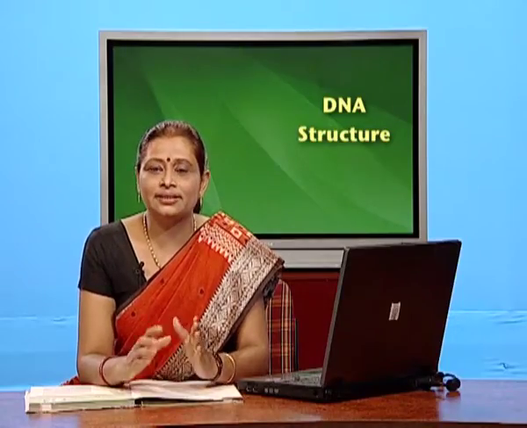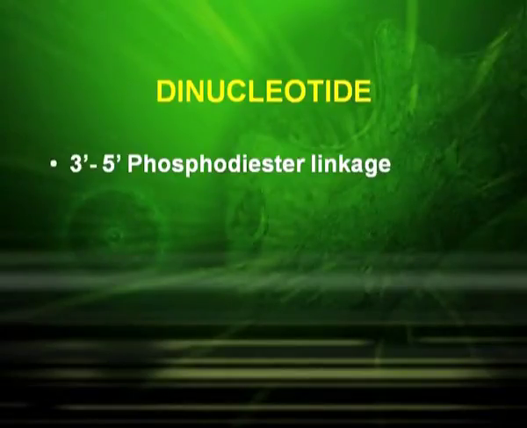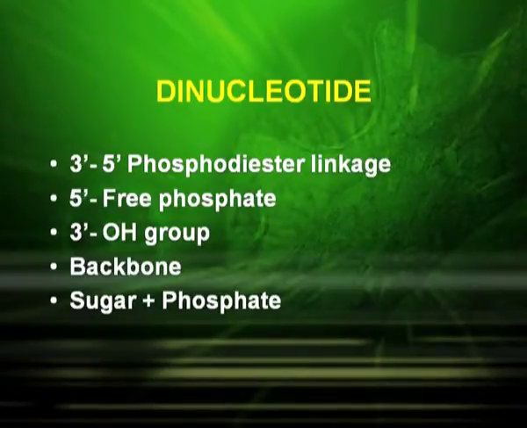Now, let us see how two mononucleotides are joined together to form a dinucleotide. A 3'-5' phosphodiester linkage makes the two nucleotides join together. There is a 5' free phosphate group and the backbone is made up of sugar and phosphate. Let us understand with the help of the following picture.